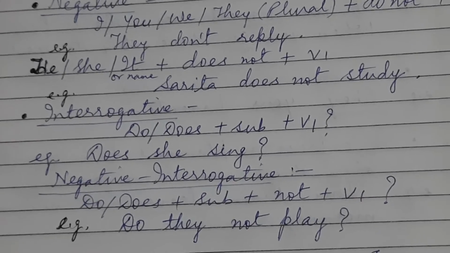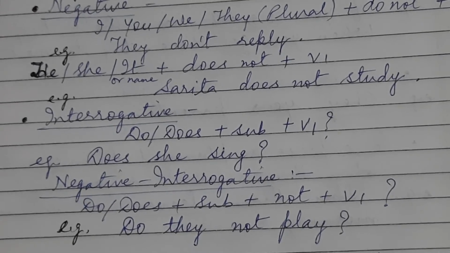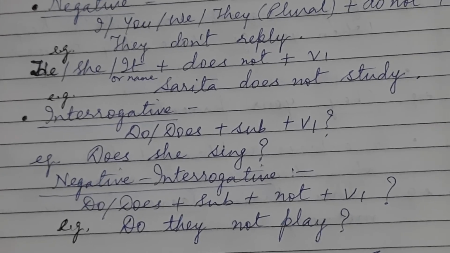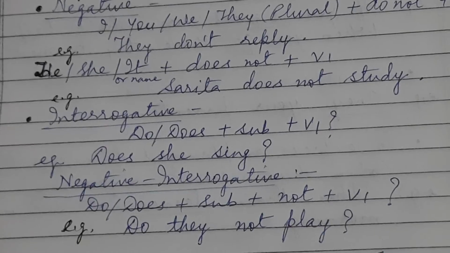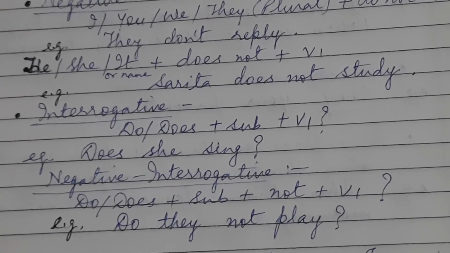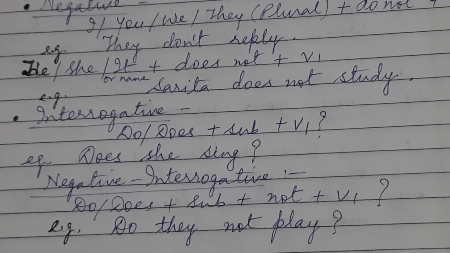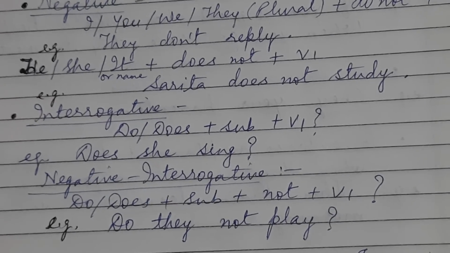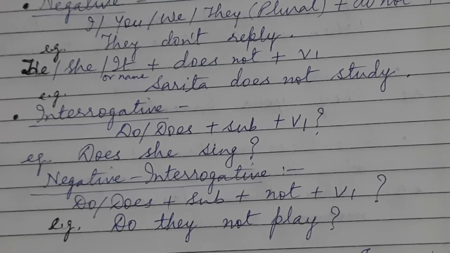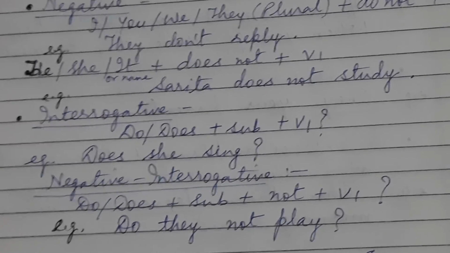So here we are using do or does as per the subject. Okay, and then we are using the subject, whatever person or number it is, singular, plural, masculine, feminine, whatever our subject is. Then we are adding not. Does she not sing? Do they not play? So we are adding not after the subject.